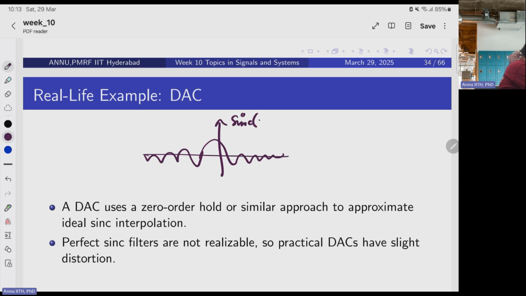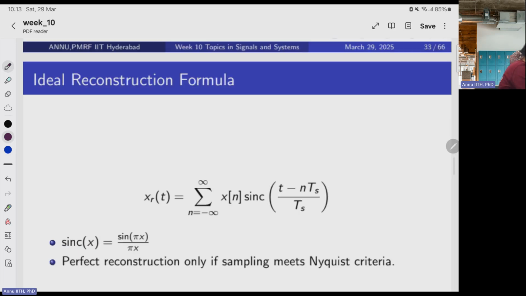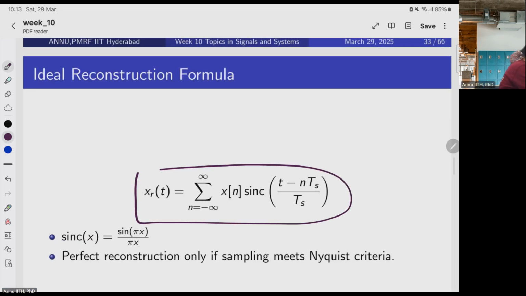Perfect sinc filters are not realizable, so a practical DAC has slight distortion. And xr(t) is actually the reconstructed signal.